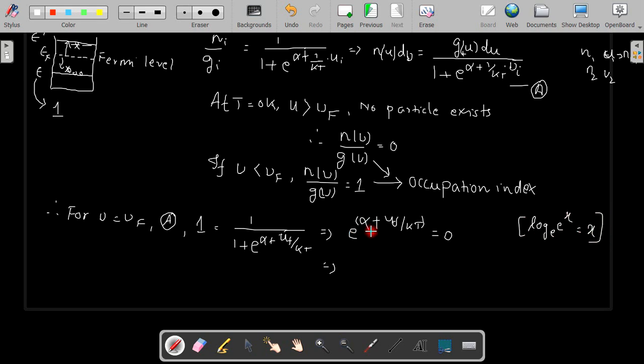So we get alpha plus uf by kT is equal to 0. From this we can find out what alpha is, which was actually an unknown. So this constant alpha we have found in terms of kT: it is minus uf divided by kT.